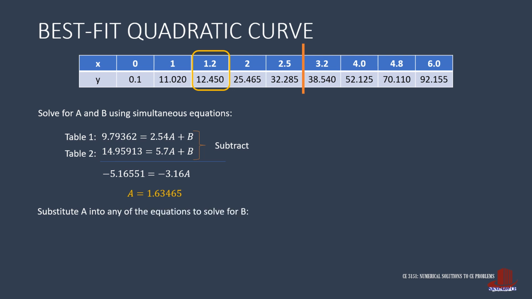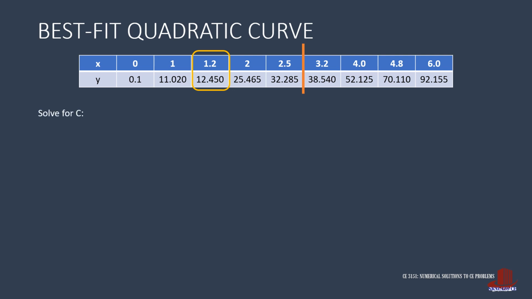Plug a into any of the equations. Again, we take table 1. So the function turns as 9.79362 as equal to 2.54 times 1.63465 plus b. B is then taken as 5.64161.